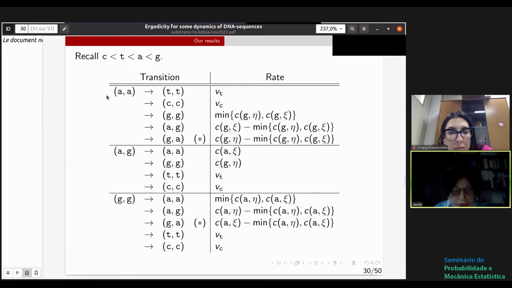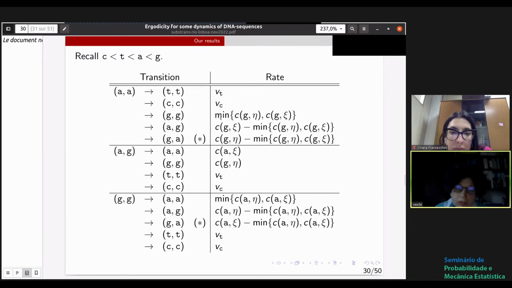So for instance, if we take on one side the value A for eta and A for zeta, then what could we obtain? We could do the same thing for both and go to TT with the rate VT, because then it doesn't depend on the neighbors, or CC with rate VC, which doesn't depend on the neighbors. But if we want to go to GG, then we are in this Y and R setting.